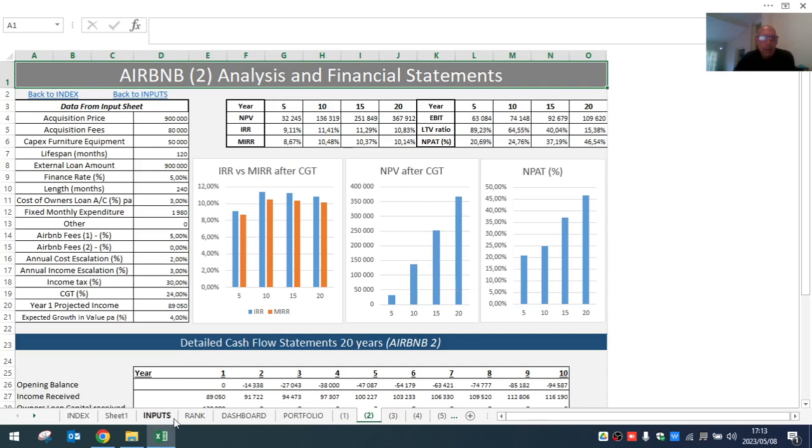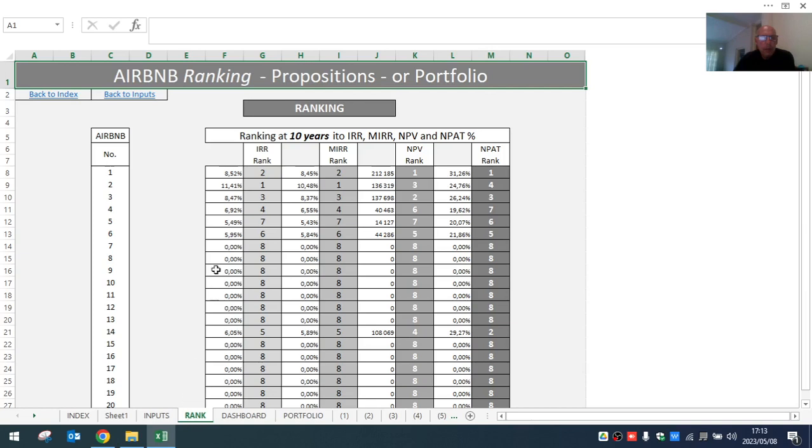From here, we go to a ranking system. So if you have a number of propositions that you are evaluating, or if you have a number of positions that you are currently running, you can easily compare them to one another in terms of ranking at a 10-year period, the internal rate of return, modified net present value, and net profit after tax percentage.